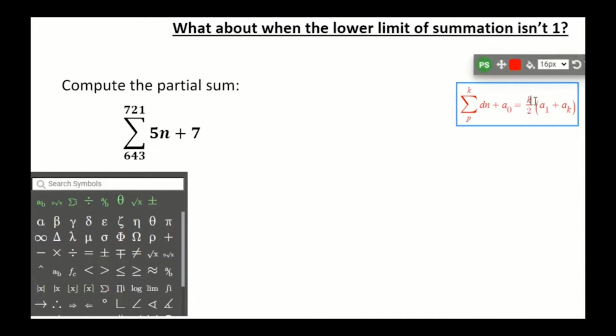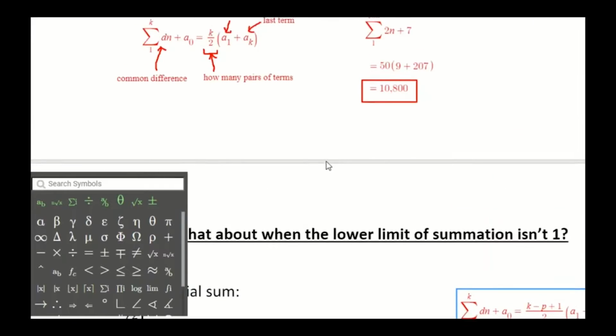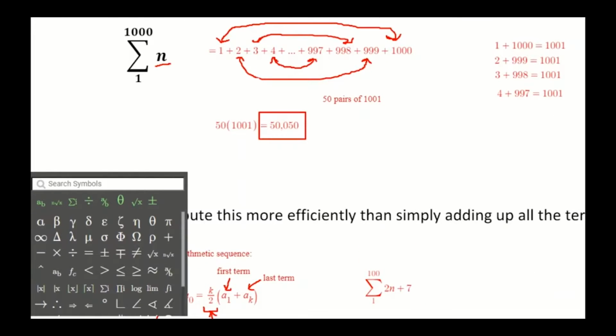So the total number of values here is going to be, it's kind of weird, k minus p plus 1. The reason it's not just k minus p, the difference, let's look up here. If I did 1,000 minus 1, I would get 999. But the problem is that there are actually 1,000 numbers here.